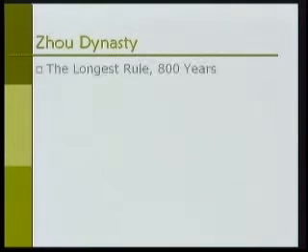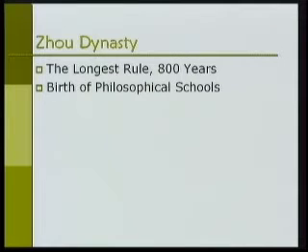Zhou dynasty, it ruled the longest. Its period was very long, 800 years. That's like ruling forever. Very long rule, the longest rule that it enjoyed in China. Also, during this period, the birth of philosophy in China, and the philosophical schools happened during this period.